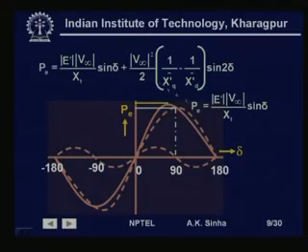Another thing that we see normally is that the maximum power point for a salient pole machine is reached below 90 degrees, whereas for a cylindrical rotor machine this maximum power is reached at 90 degrees, that is, when sin delta becomes equal to 1.